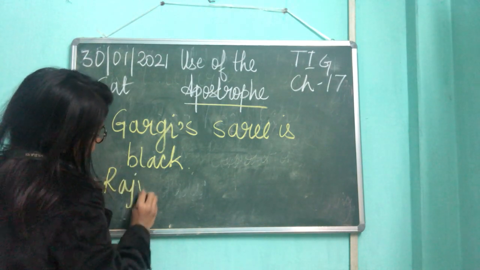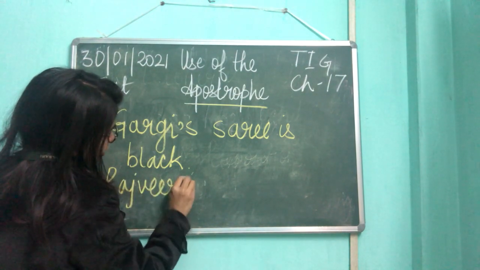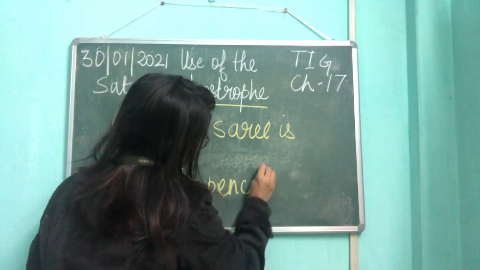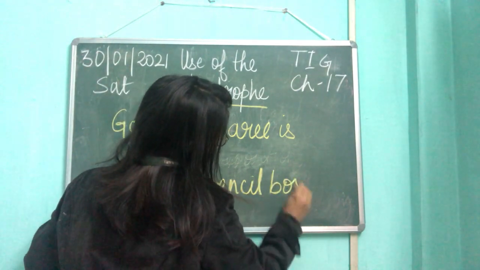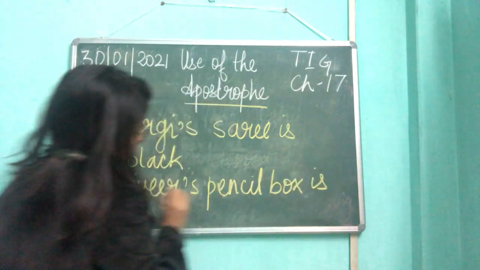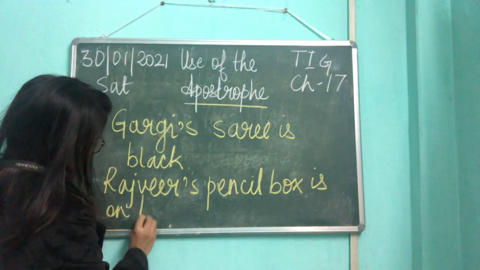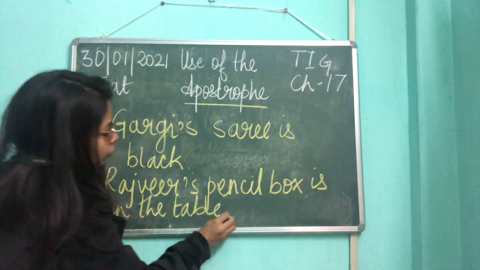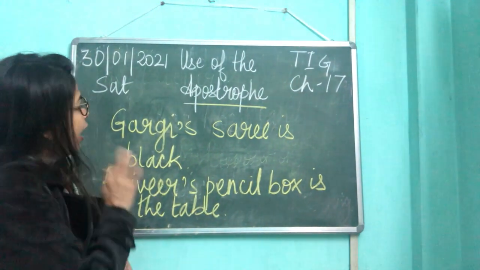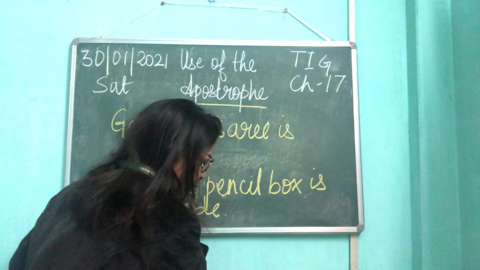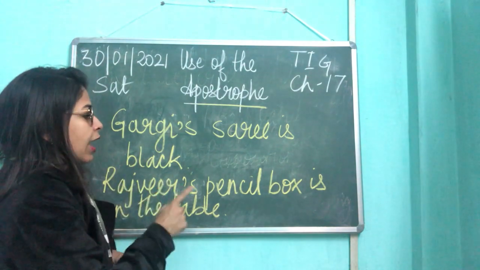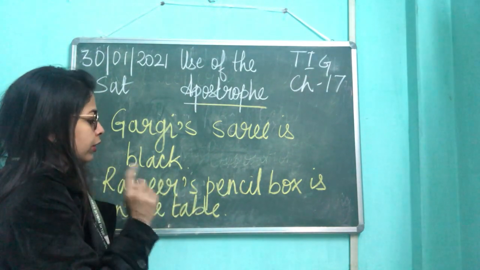Rajveer's pencil box is on the table. Children, I love writing with my yellow chalk, so I hope you're able to see it. So I have taken up 2 examples. Gargi's sari is black. Rajveer's pencil box is on the table.